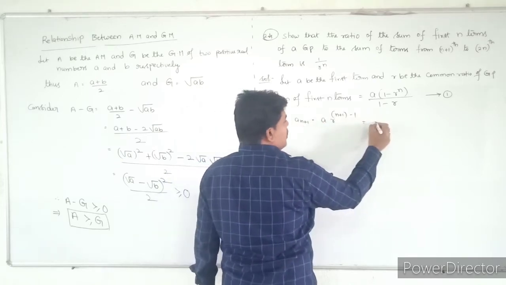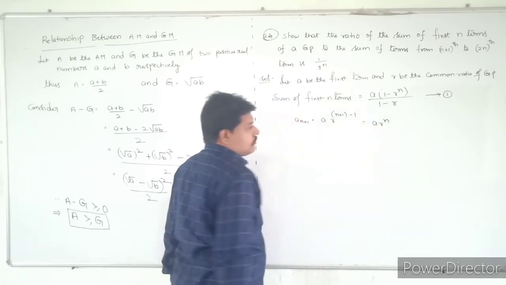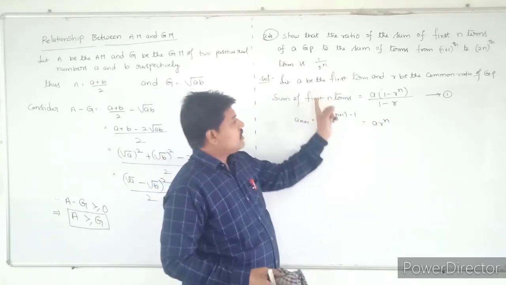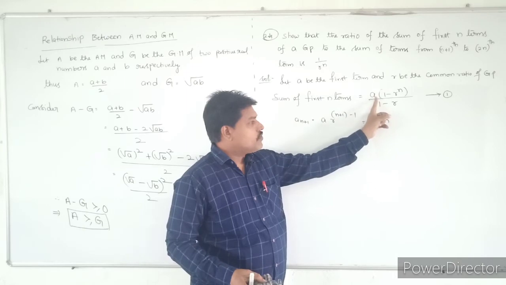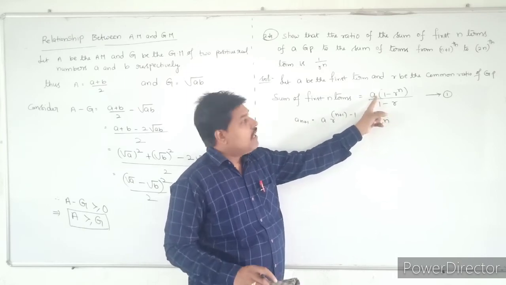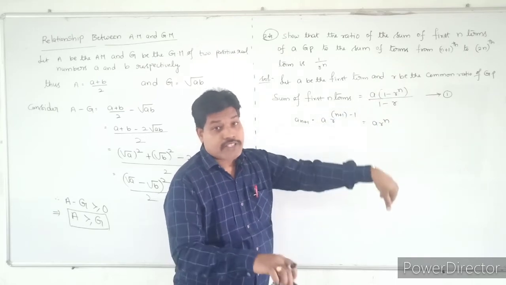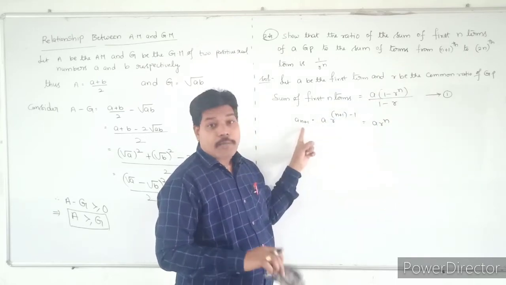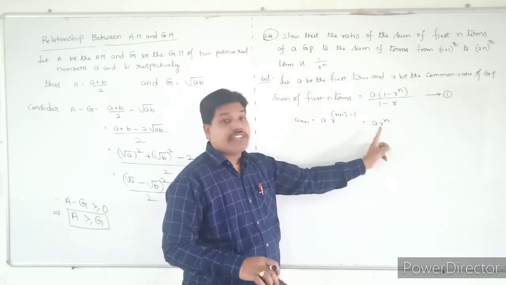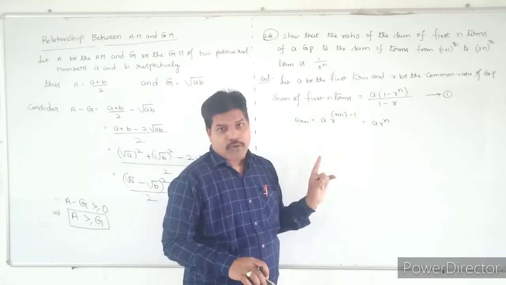So that is nothing but a into r power n. For the first n terms, the first term is a. But if you are adding the n plus 1th term to the 2nth term, the first term is a(n+1), which is a into r power n. So you have to identify that.